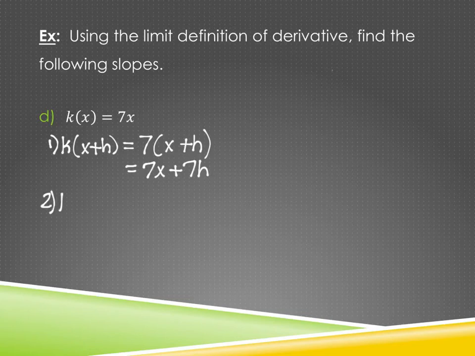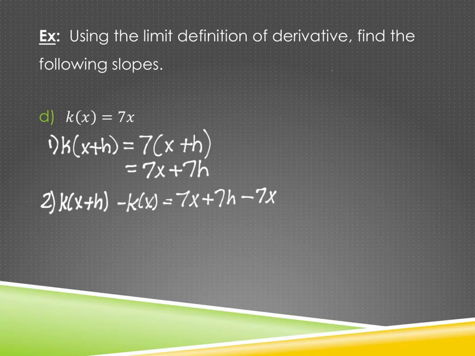Step 2 is to take that value, k of x plus h, from step 1 and subtract off the original k of x. So this is 7x plus 7h minus 7x, because that's k of x originally given. And again, still in step 2, things got simpler. So I'm left with 7h.